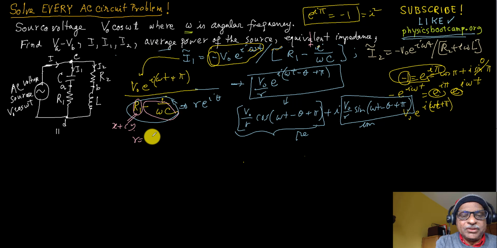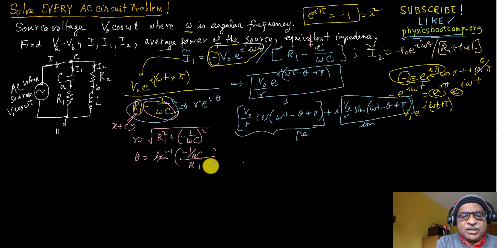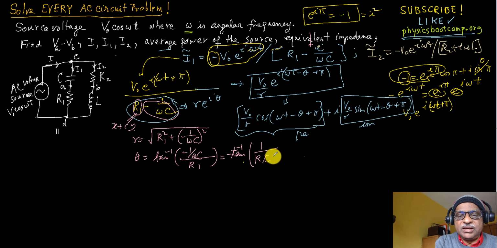So r is the square root of R1 squared plus minus 1 over omega C squared. I didn't need to write the minus there because I'm going to square it anyway. And theta will be the inverse tangent of minus 1 over omega C divided by R1. So this is simply arctangent, the minus comes out, and this is 1 over R1 C times omega.